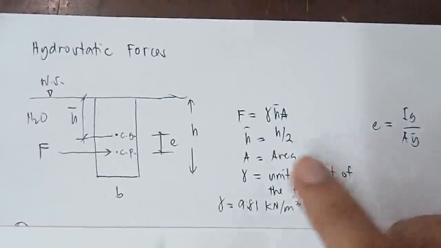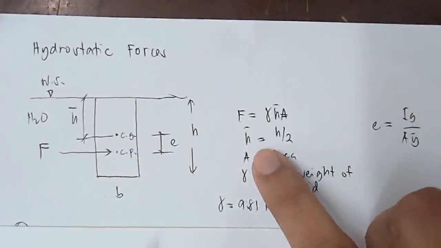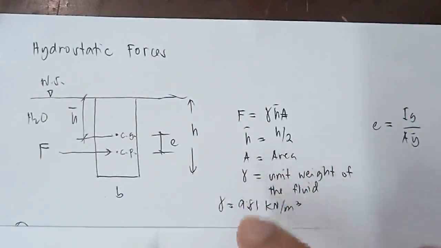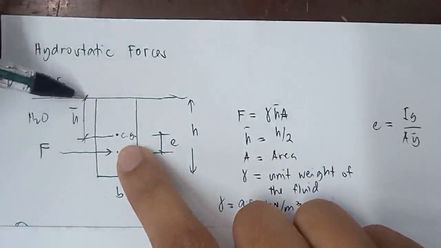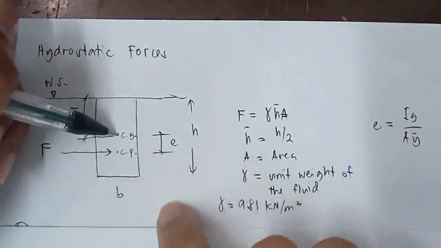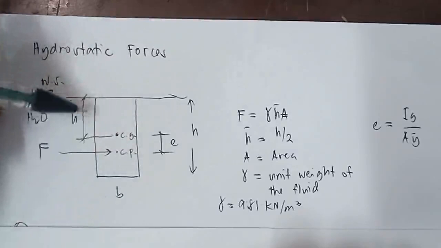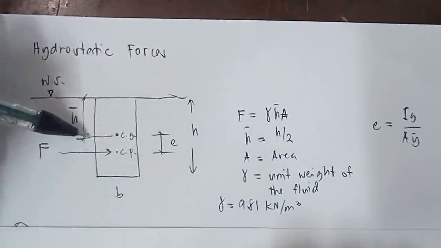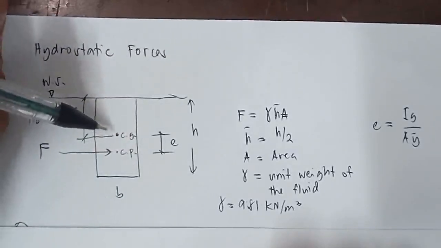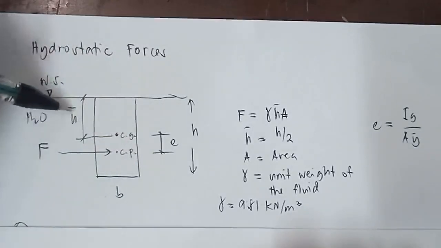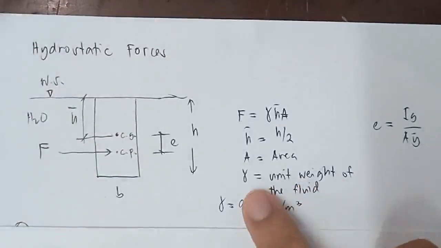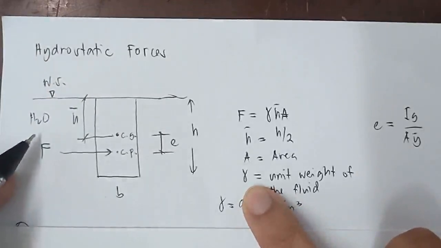Ngayon, yung H bar guys, always yan kinukuha from any surface, from that centroid of that surface to the water surface. So, since ang ibig sabihin surface yung una, yung area, yung centroid niyan, distance yan perpendicular vertically to the water surface. So, this is the H bar. Then, the unit weight, depende sa fluid kung saan mo sinubmerge.